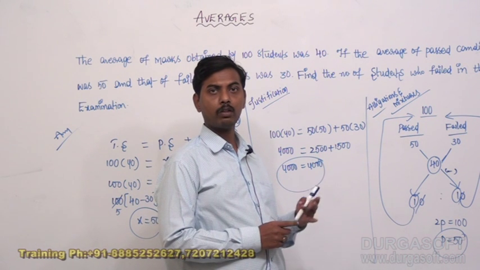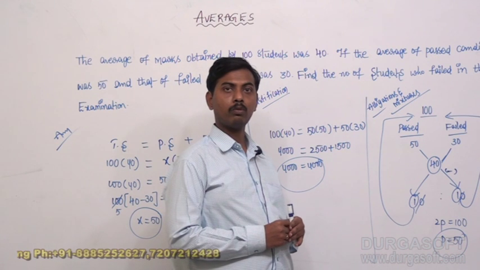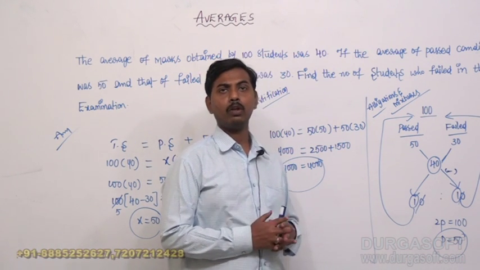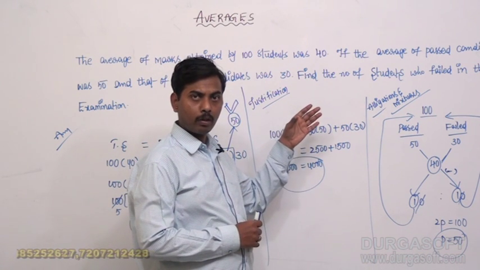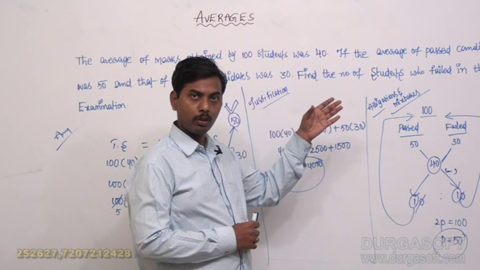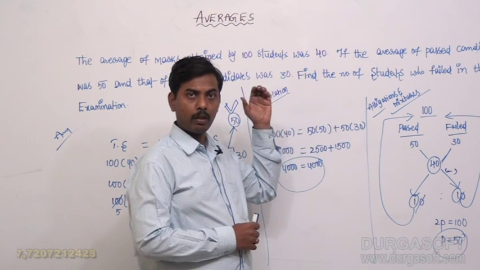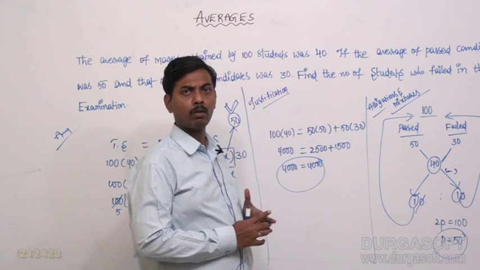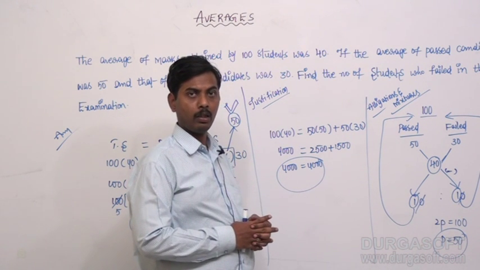While understanding the question itself, you will know whether it works with the alligations and mixtures shortcut or not. That's how we have to do it, my dear guys, especially for questions related to averages. If we get more than one or two quantities, even three quantities, we can apply the same shortcut and get it very clearly.